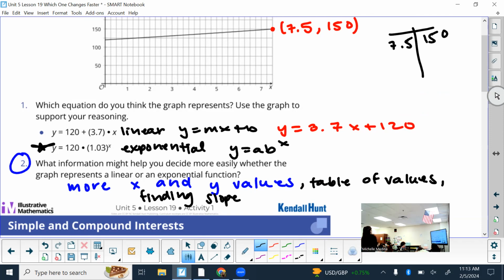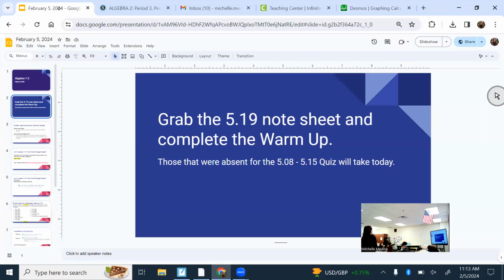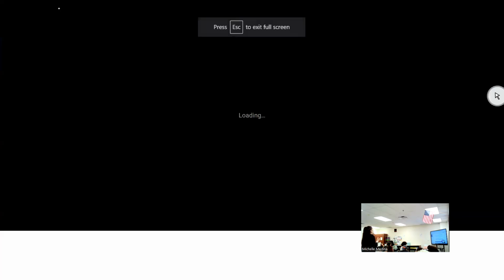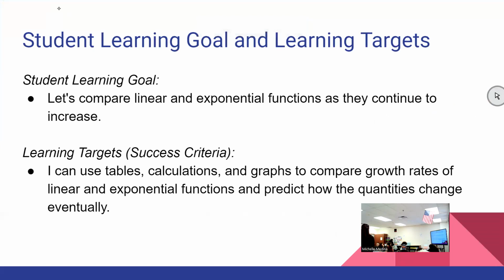All right, so then moving on, and I'll come back to this because I know some people are writing, so I just need to briefly read you the goal of today. And it's something that I mentioned, I tried to touch on every time it showed up. And that's comparing our linear and our exponential functions as they continue to increase. You have to be able to compare them, whether they're tables, equations, graphs, and be able to predict how the quantities will change eventually.